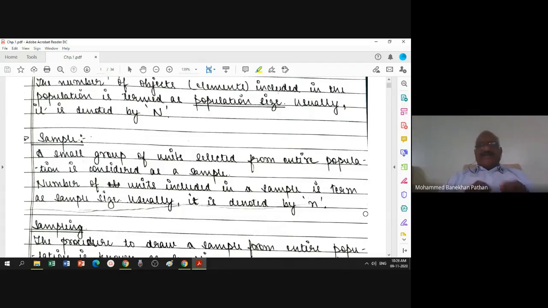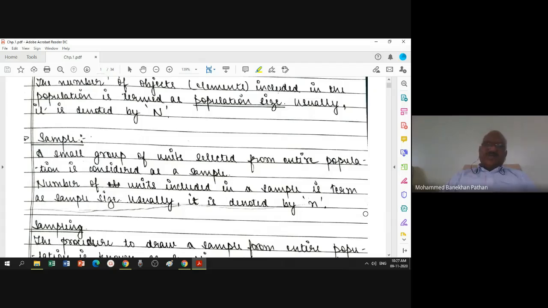But if I apply this procedure to the entire cracker production of that factory, nothing will go to the market. So in this example, you cannot study the whole product. You have to decide the quality of the whole product by taking a small part from it.